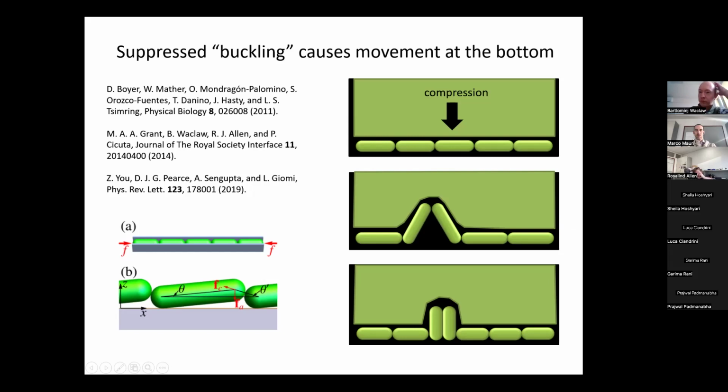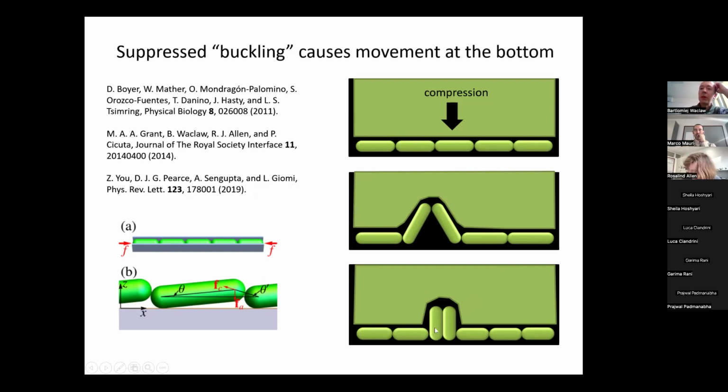And we've actually discovered that in this case of our experiment, such buckling occurs, and this is the source of this movement. This buckling is suppressed, and this is what causes a lot of movement at the bottom.